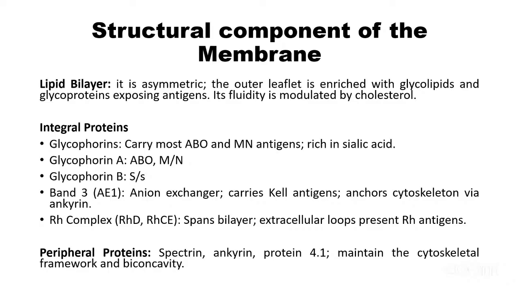I think one is for elliptocytes, while the other is for spherocytes. I'm not sure which of the two, but these two proteins on the membrane dictate the shape of the red cells. So that is why we have to know this slide. The next slide, please.